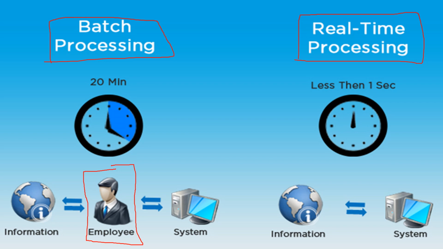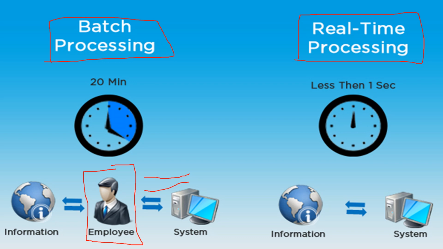assemble the transactions and then key them into the system at one specific time. Let's say they collect them on a daily or weekly basis, collect the same transactions in groups, and then key them in at one time.